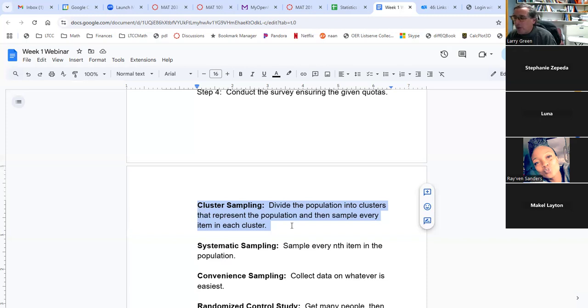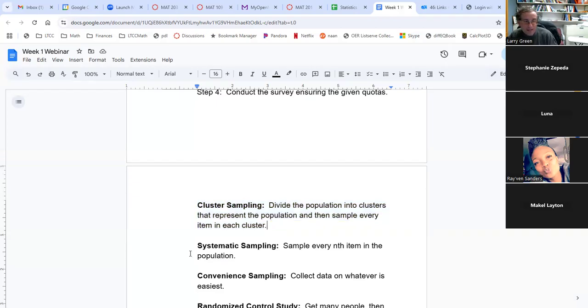So don't pick all math classes, for example. You would pick maybe a couple of math classes, a PE class, maybe some English classes. So you'd pick a few classes that are representative of the college, and then you go in and survey every student in each of those classes. Okay, which you could do. Any questions on that idea?